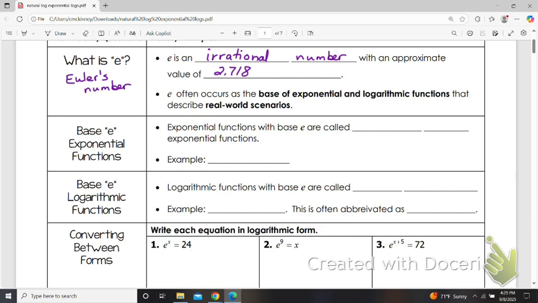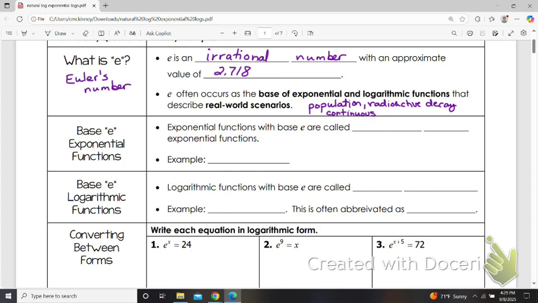And it is used in some real world scenarios. For instance, we've already been doing some things with population, but with population, radioactive decay, and it is when you see something called continuous compounding.